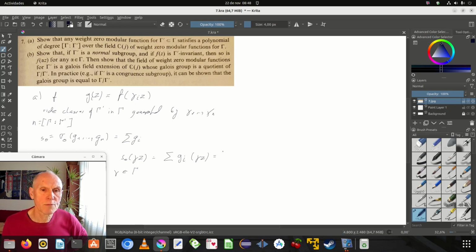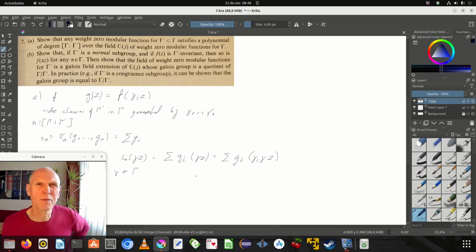And we must put gamma I to the left here. Gamma I of gamma z. So we are using left side classes. And then this goes through all the side classes.